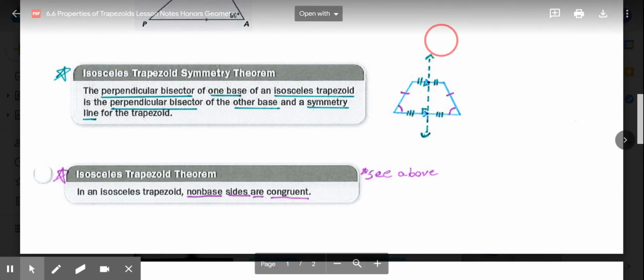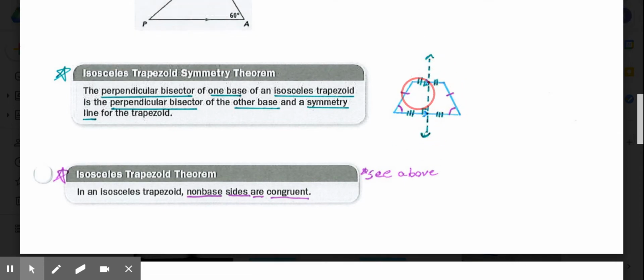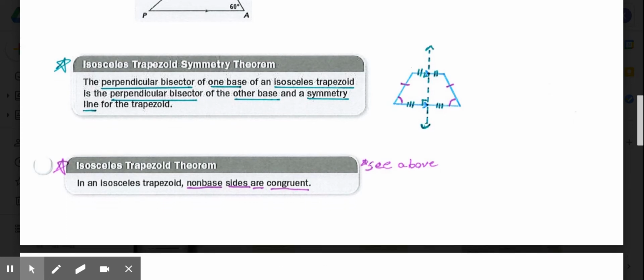If we fold it over that line, we would have our two symmetrical sides on top of each other. And then we have the isosceles trapezoid theorem, which just states that in an isosceles trapezoid, the non-base sides are congruent. So that side and that side are congruent.